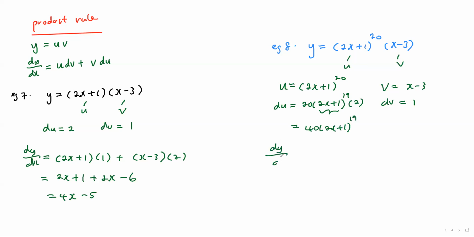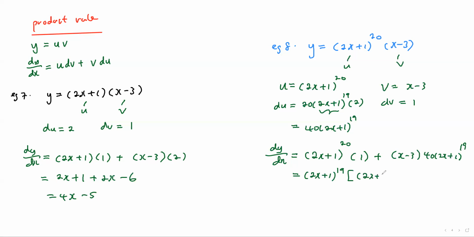Okay, and dy/dx would be u times dv/dx, which is this. Okay, this is u, dv/dx is just 1, plus v times du/dx, right? du/dx is 40 (2x plus 1) to the power of 19. Okay, so for this case, we can actually factorize out the (2x plus 1) to the power of 19.